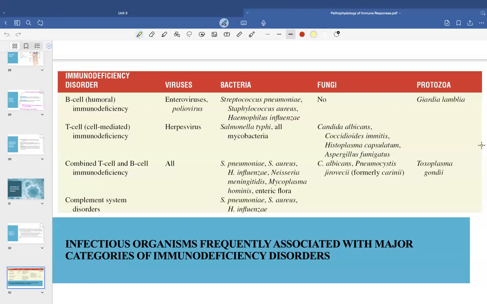So if you have a combined immunodeficiency of T cells and B cells, everybody's in the loop. And then complement disorders, we're back to bacteria again. Remember, complement will bind with bacterial sugar molecules on the surface.